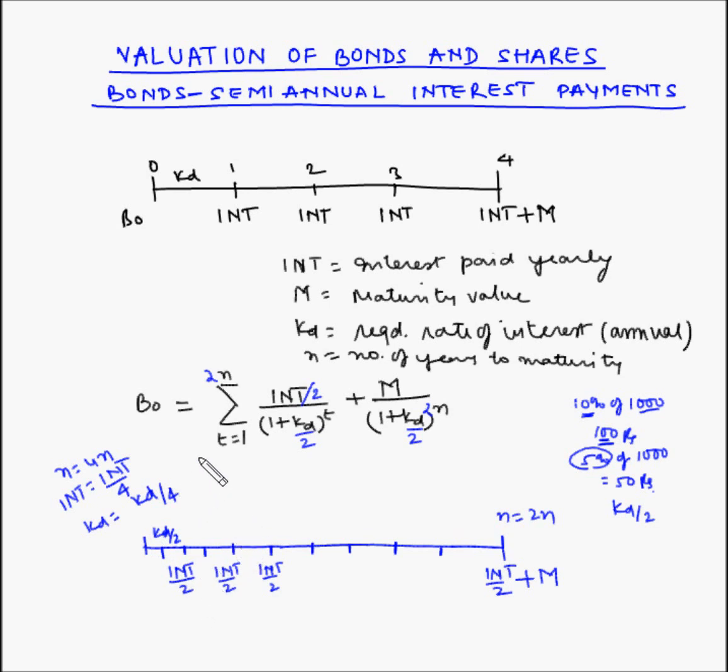Now, I personally find it easier to standardize this formula in terms of N. Instead of doing 2 times N, 4 times N, I prefer considering N as the number of periods.